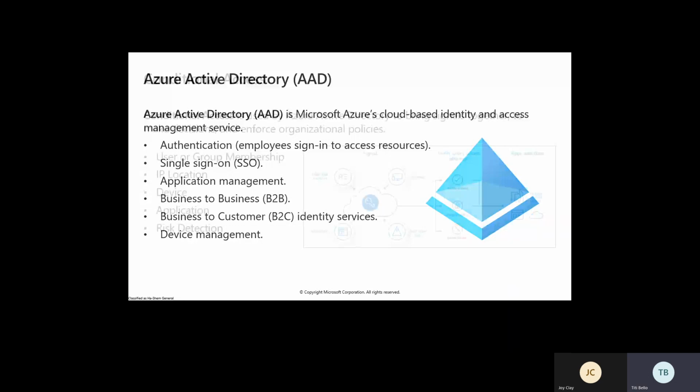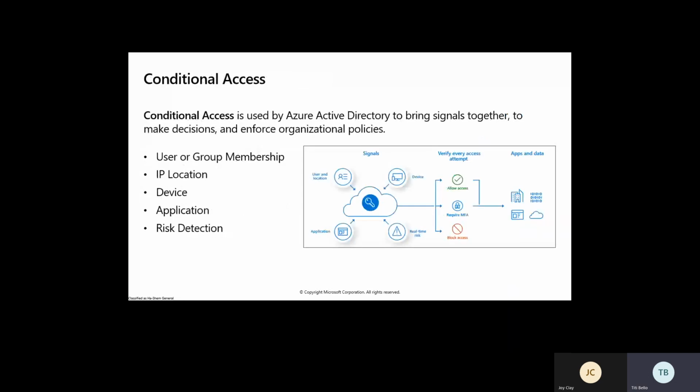Now, there's a feature called conditional access. Let's say, like we said, you have thousands of apps that users need to authenticate on, and we have turned on multi-factor authentication. It means as users need to sign into thousands of apps, they also need to provide that second level of authentication 1,000 times.